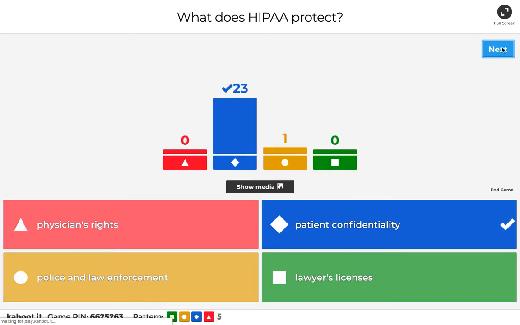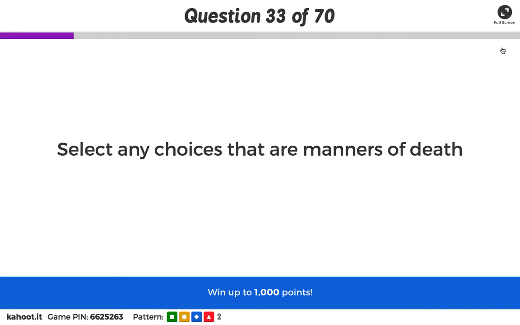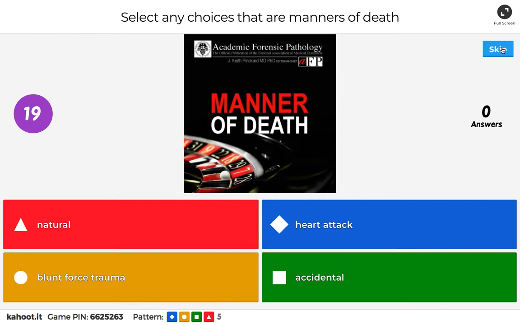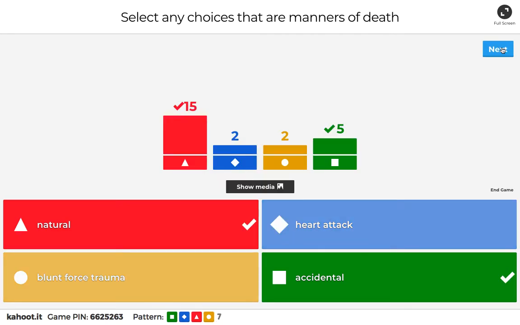Patient confidentiality, correct. Any choices that are manners of death, there may be more than one right answer, you only have to pick one of them. Manner of death. Not cause, manner.